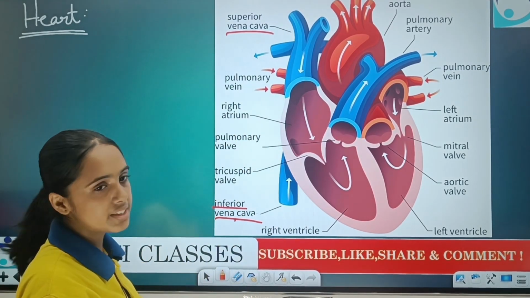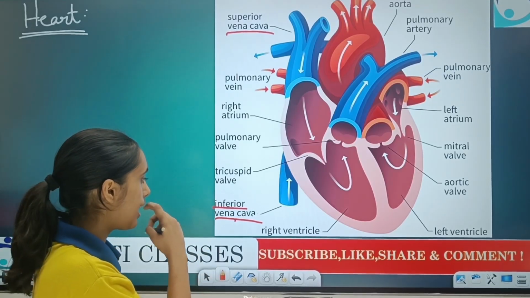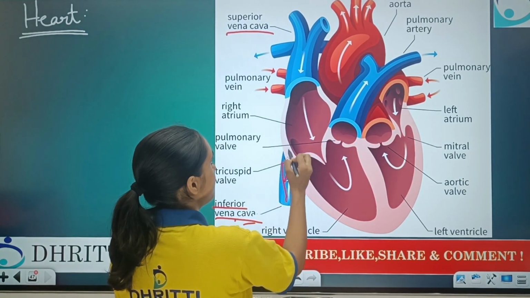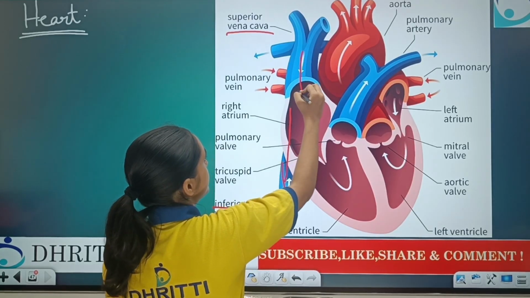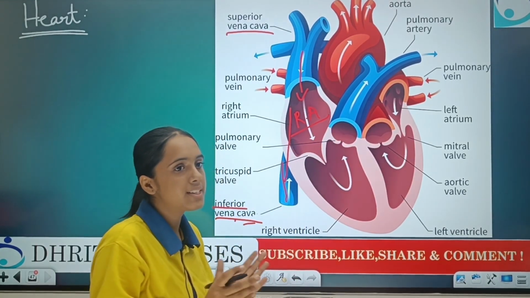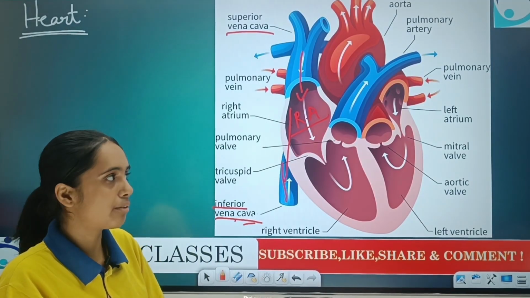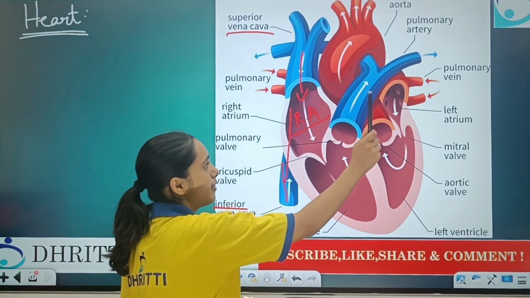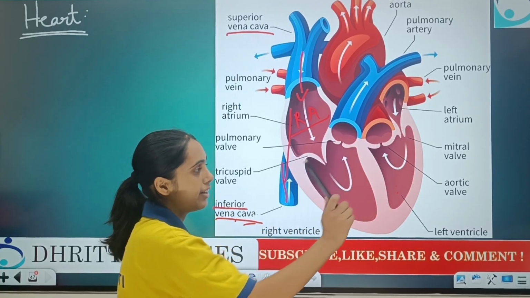So when this deoxygenated blood enters the heart through the vena cava, it first enters the right atrium. So what is the right atrium? There are four chambers of the heart, namely right atrium, right ventricle, left atrium, and left ventricle.